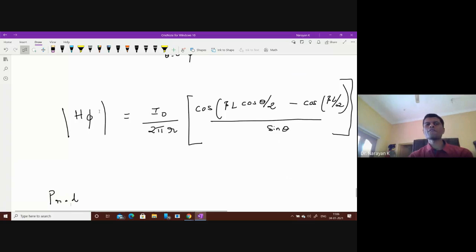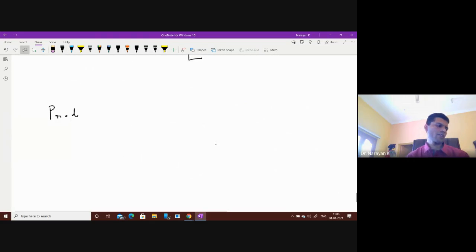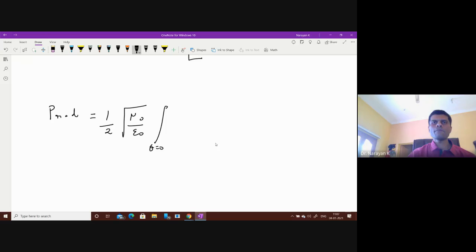So you have to do the square of this. This is H phi, H phi square you have to do and substitute it here. I'll quickly tell you what happens if you substitute that. So you will get half of mu naught by epsilon naught, theta varying from 0 to pi, phi varying from 0 to 2 pi, H phi square. So that will be I naught square divided by 2 pi square r square. Agreed.